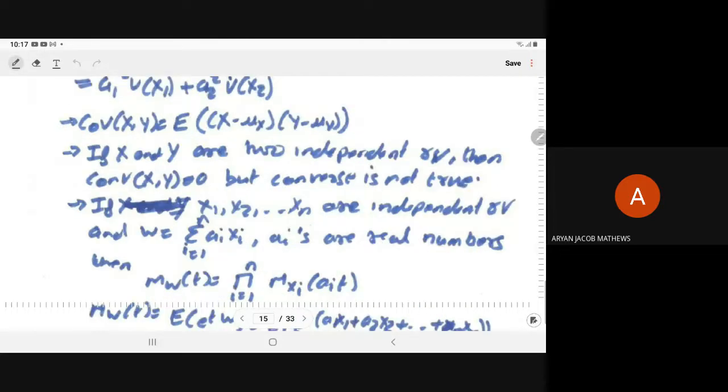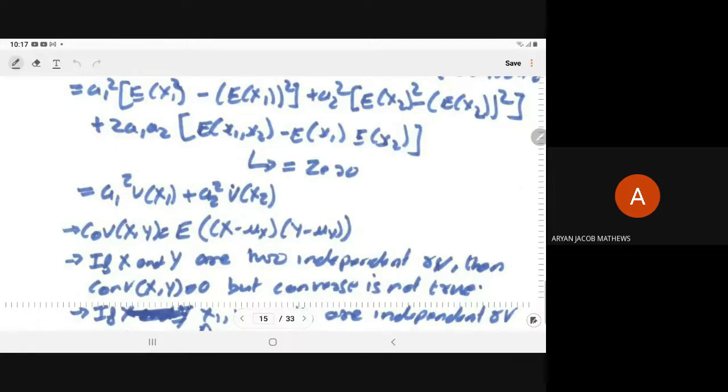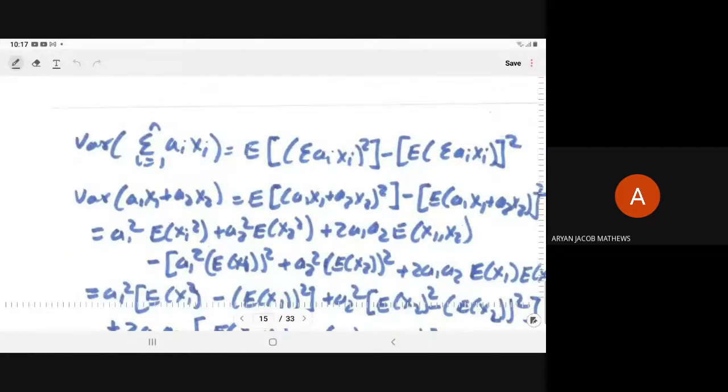Now, for that formula, we have considered that x1, x2 must be independent. If x1, x2 are not independent, then how can we compute?